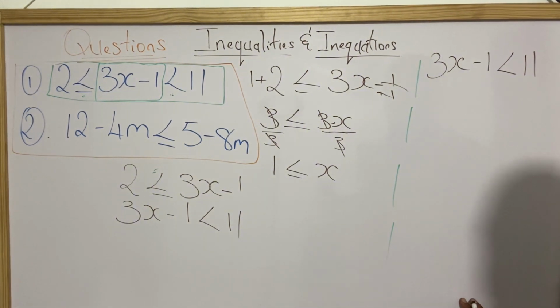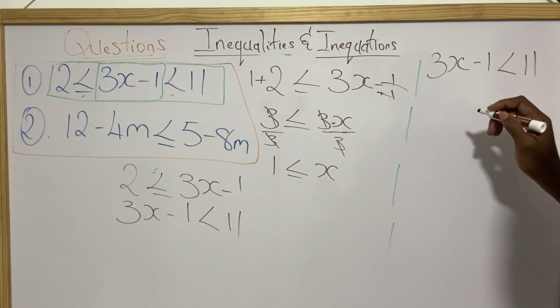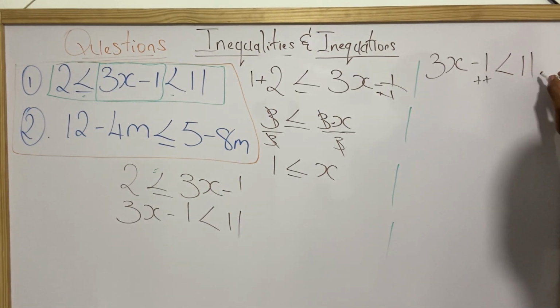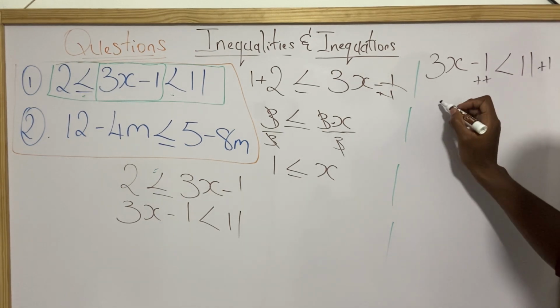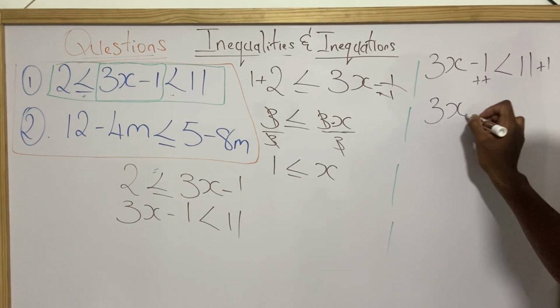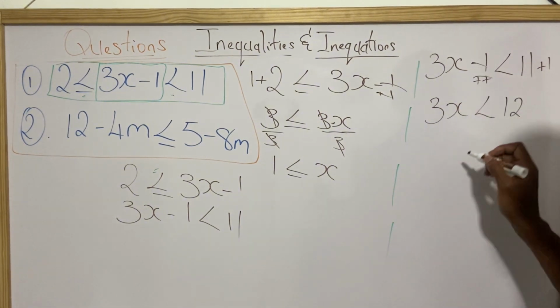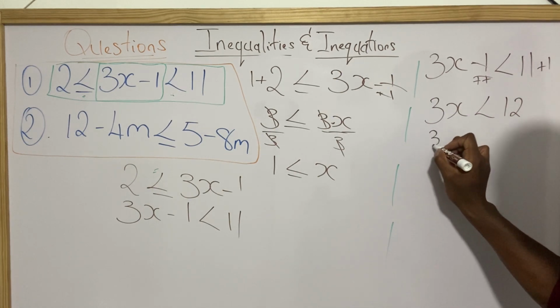Again, the idea is always to solve for x. We need to get rid of this negative 1, so we add 1 on both sides. So we have 3x is less than 11 plus 1, which is 12. These cancel out, so now we have 3x.